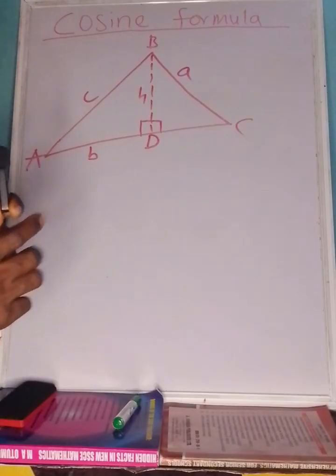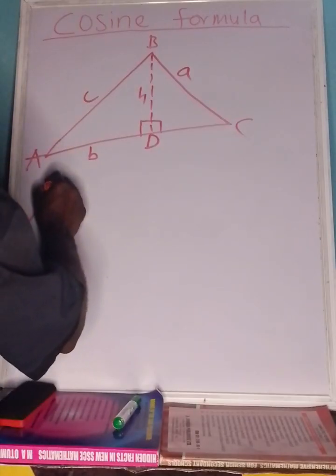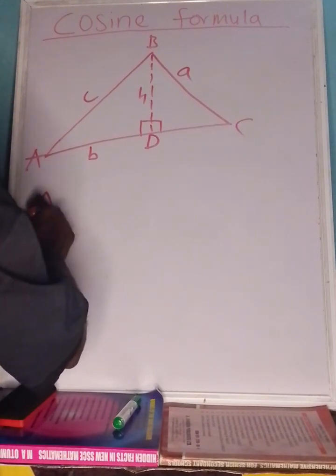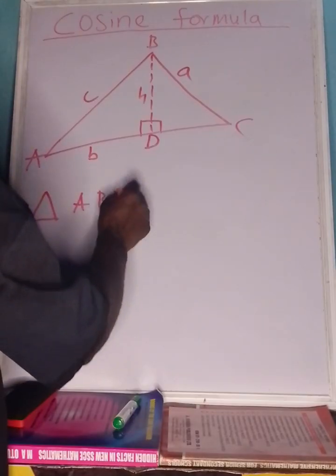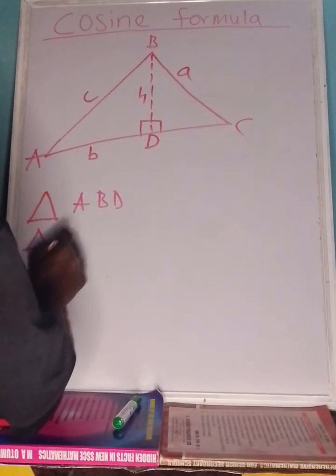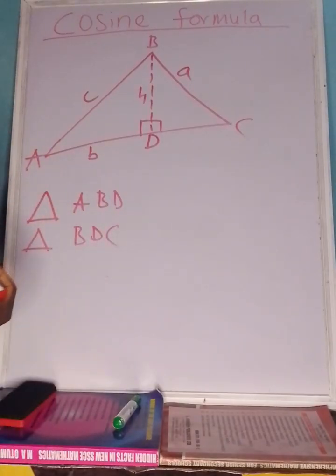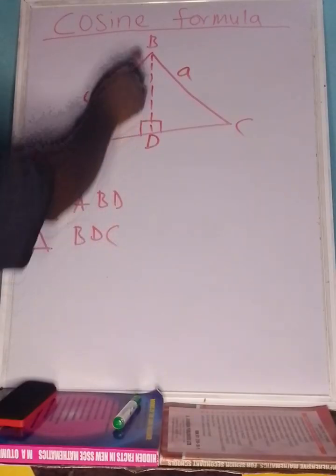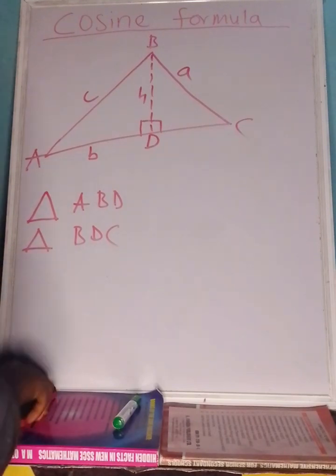But right now, we have two triangles from this scalene triangle. We now have the triangle ABD and triangle what? BDC. Let me follow it so that you see: A, B, D, then B, D, C. We have now gotten two right angled triangles.